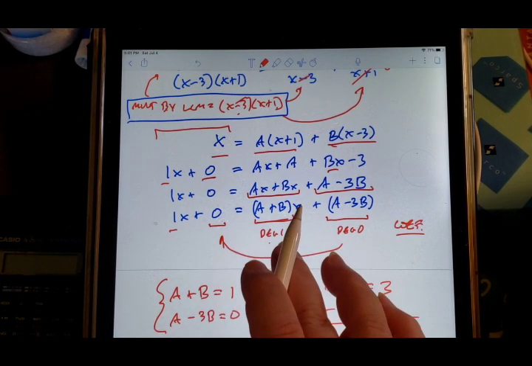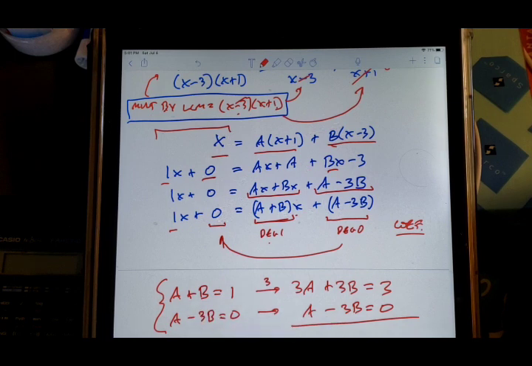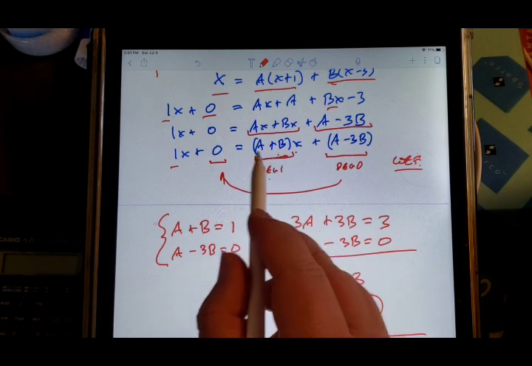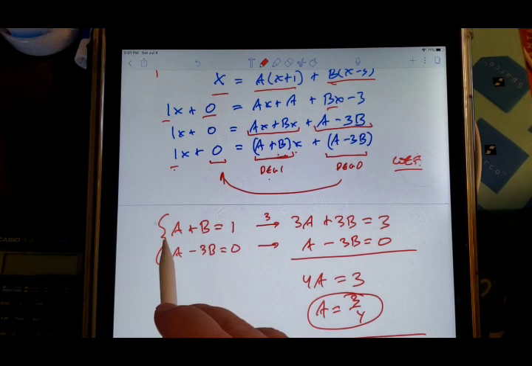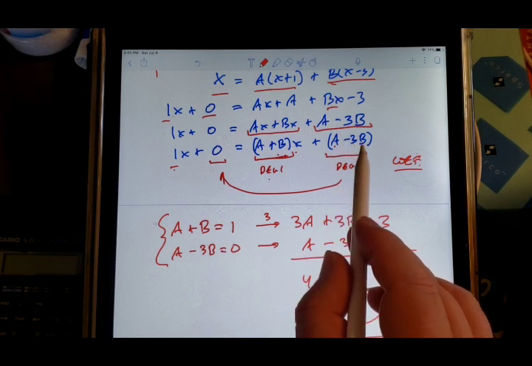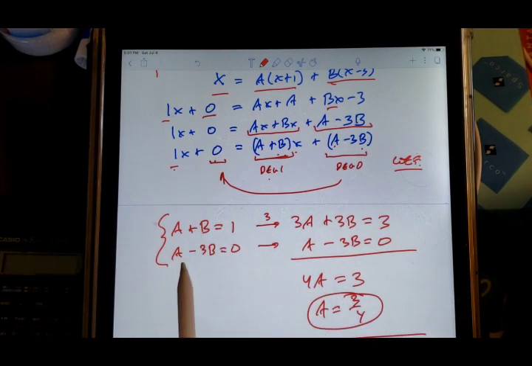So what that does, and the reason why this whole section is in chapter 8, is that it gives me a system of equations. a plus b equals this one right here, and I write that as an equation. But also a minus 3b is equal to this 0, and I can write that as an equation.